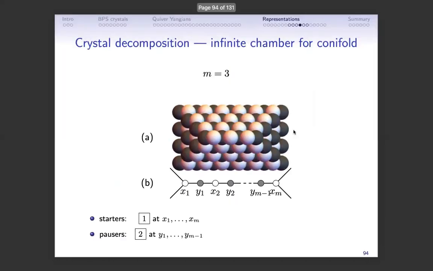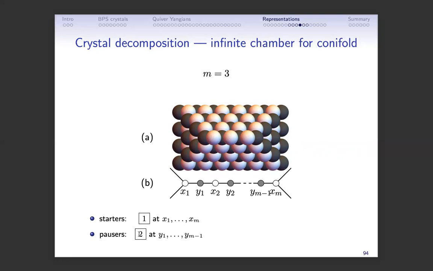This is another example for the conifold. To build this subcrystal from the original canonical crystal, you need three positive crystals starting from these three starters, and then they overlap already at the next layer. Then you need to cancel those.